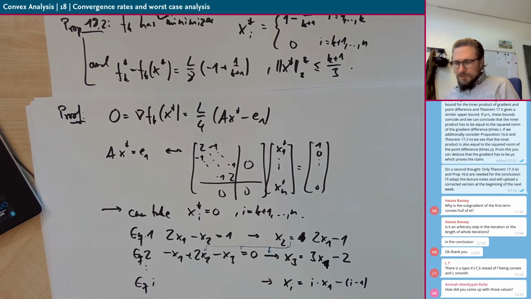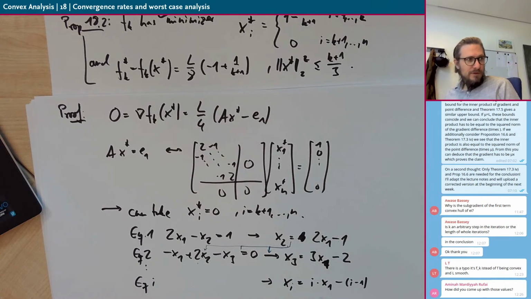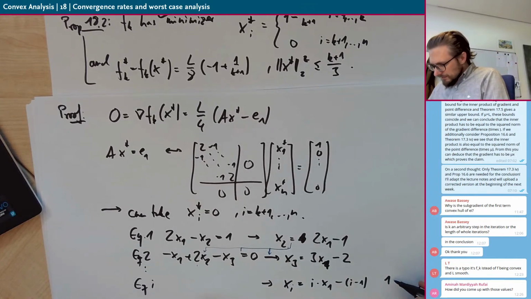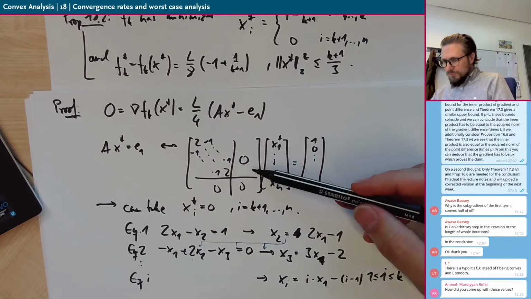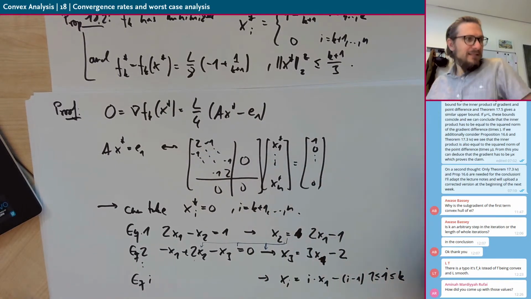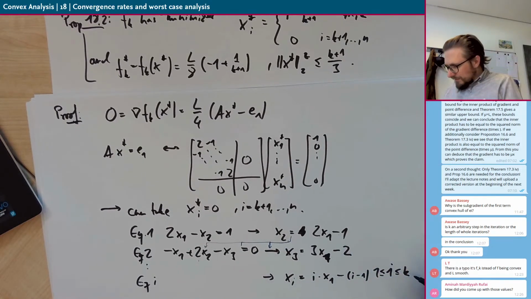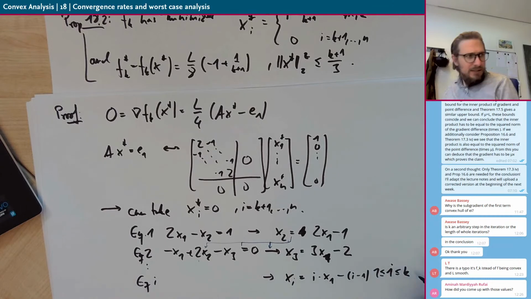This pattern goes through until I is between 1 and k, for all the rows which look like this.